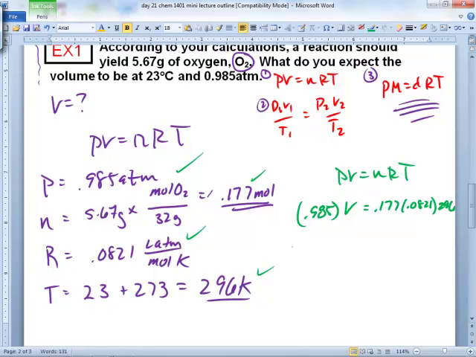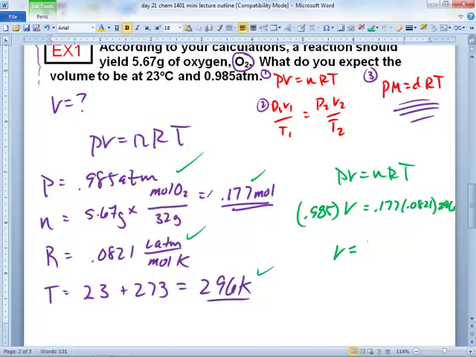If you're going to do that on your calculator, April, what would you do? Yeah, good. I'd multiply all this stuff first, then divide it by the P, the 0.985. Good deal. That's exactly how I would do it too. The 0.177 times the 0.0821 times the 296.